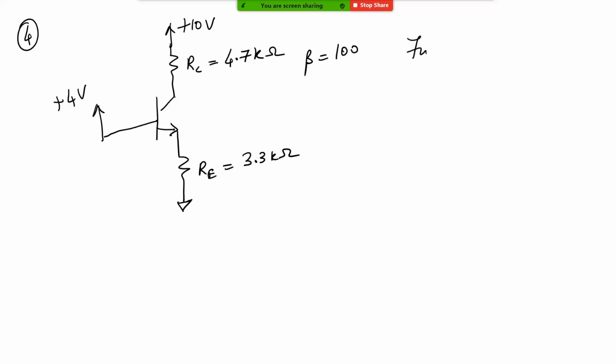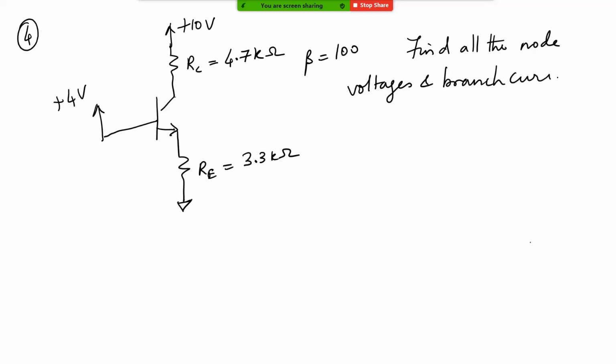The question is, find all the node voltages and branch currents. Basically, find out what is VC, VB, VE. Find out what is IC, IB, and IE. It's pretty straightforward.